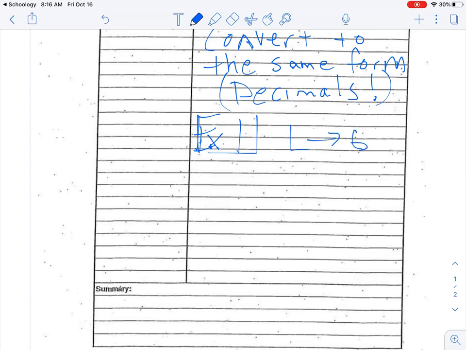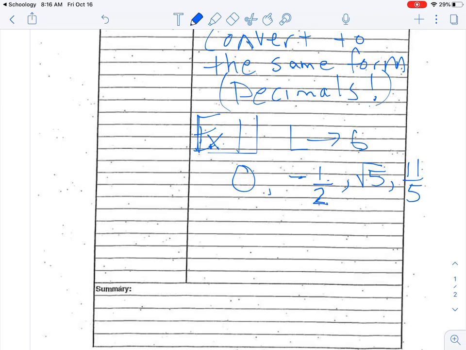So an example might be 0, negative 1/2, square root of 5, and 11 over 5.